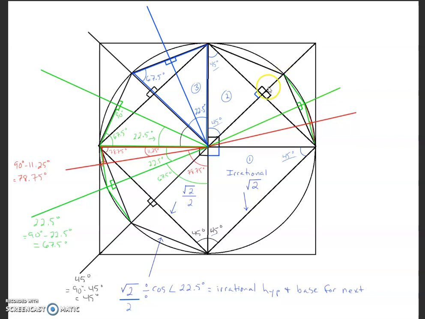But basically, to keep it simple here, we have a circle. We have a square inside the circle. And the square has the same diameter as the circle.